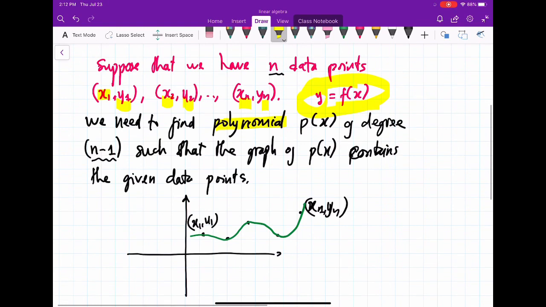So why n minus 1 in this case? Look at this. In order to determine a polynomial p(x) of degree n, let's say, of degree n, you need n plus 1 numbers. Why?